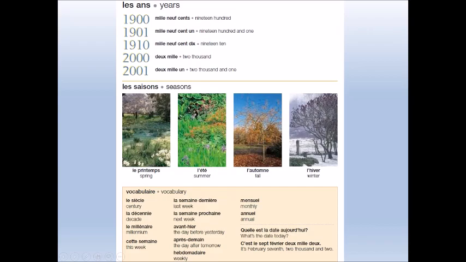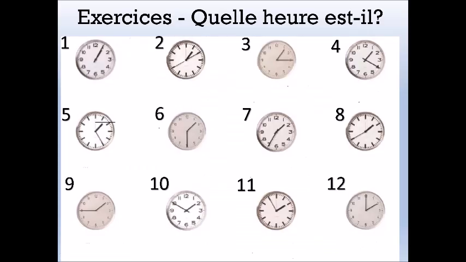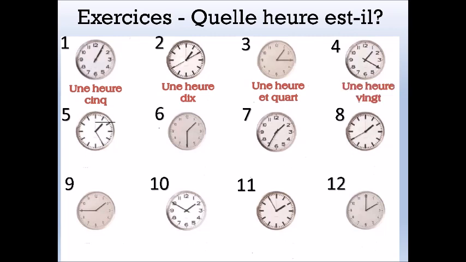Now here's a little exercise for you. Numéro 1. Quelle heure est-il? 1h05. Numéro 2, 1h10. Numéro 3, 1h15. Numéro 4, 1h20. Numéro 5, 1h25.